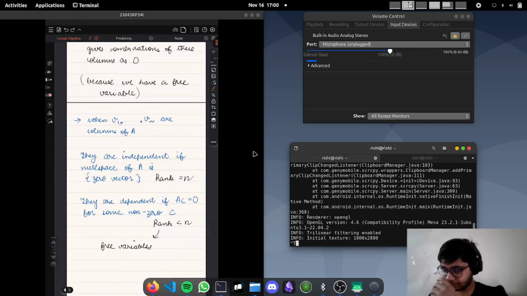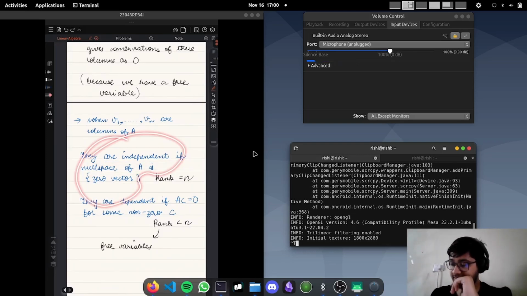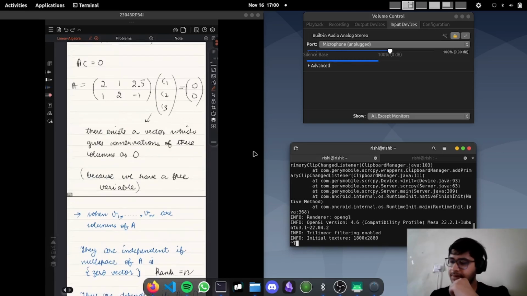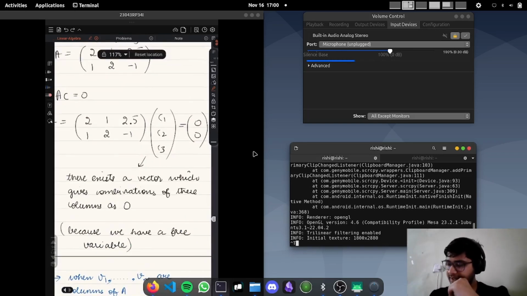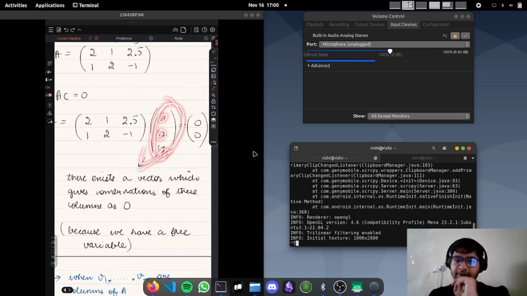See, so the null space of A can only contain the 0 vector, because any matrix multiplied by a 0 vector will be 0. So you can't deny that.